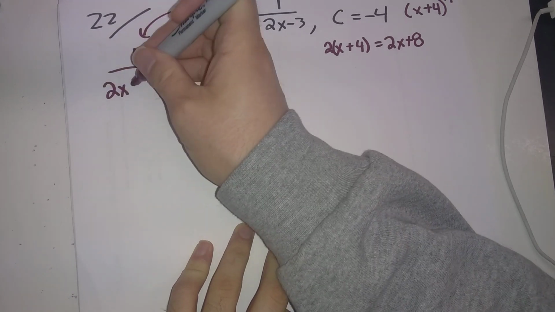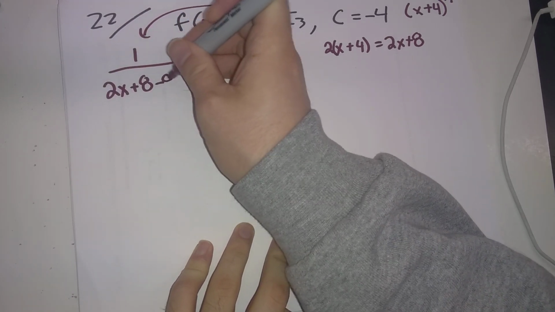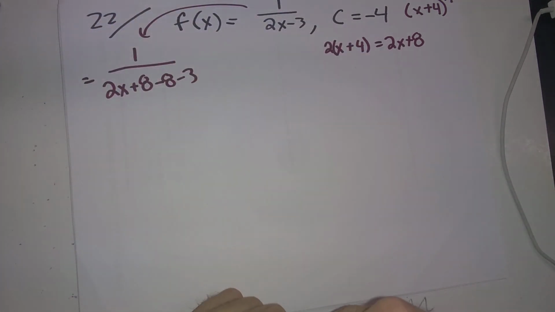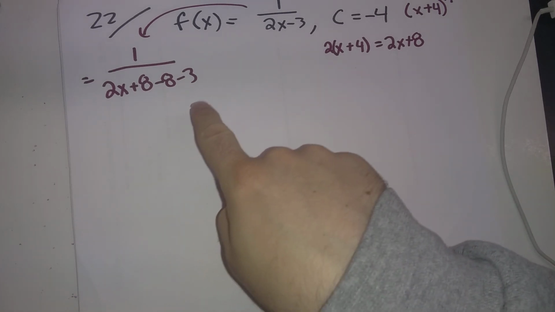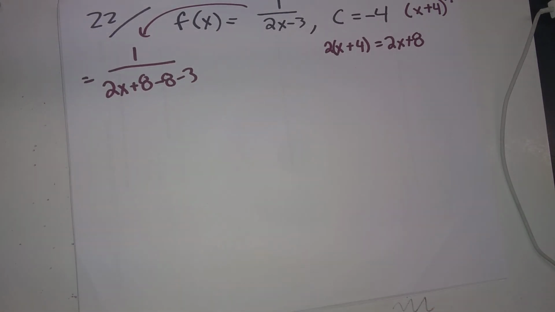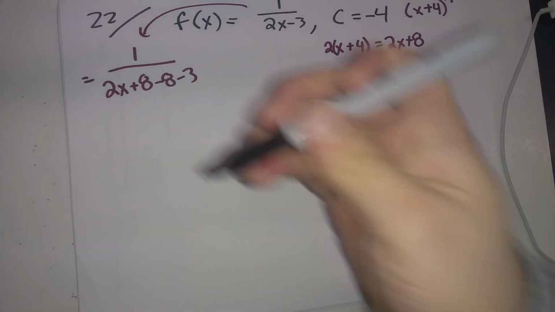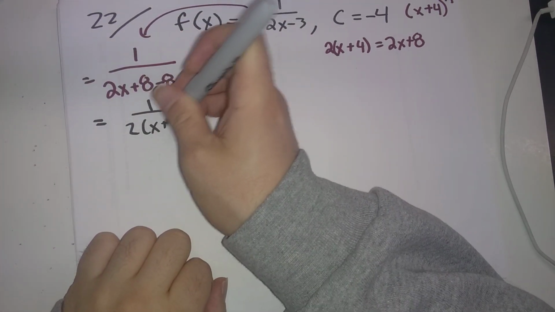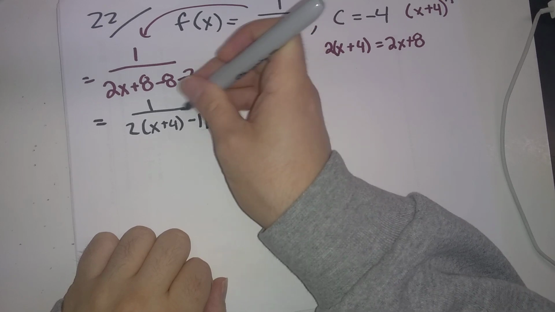So 2x plus 8 minus 3. Those are equivalent. I'm just going to continue to manipulate f of x in a bunch of different ways here. So I can rewrite this as 1 over 2 times x plus 4 minus 11.